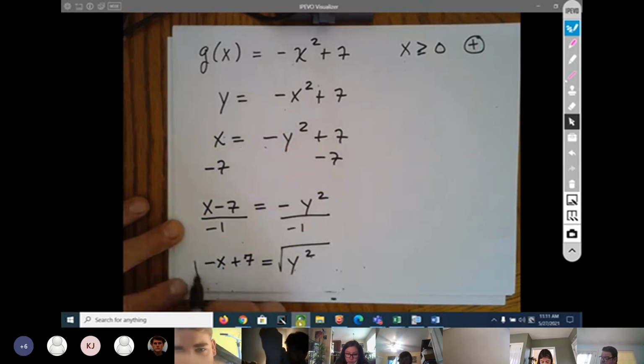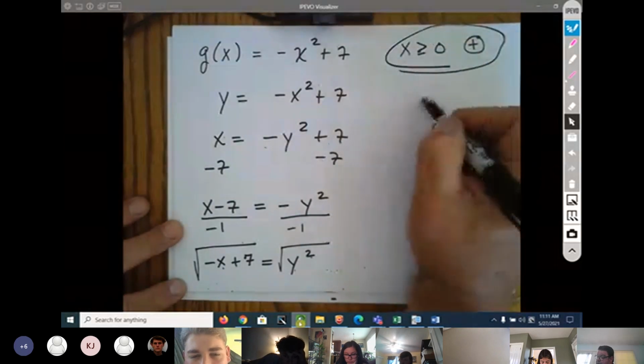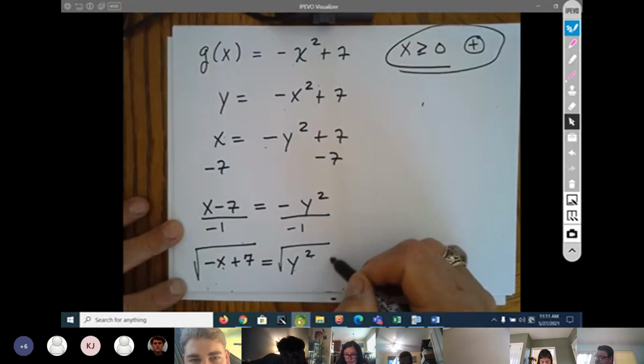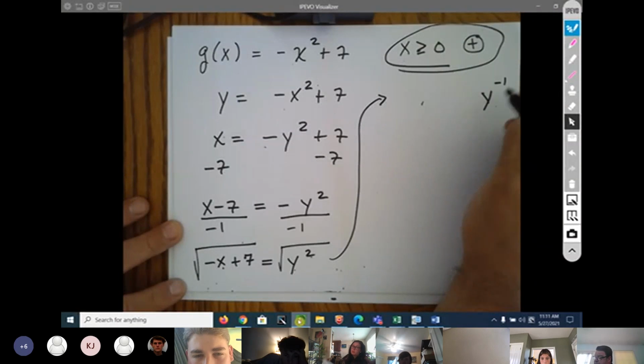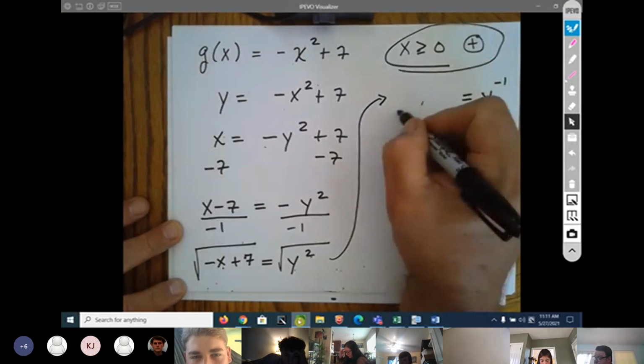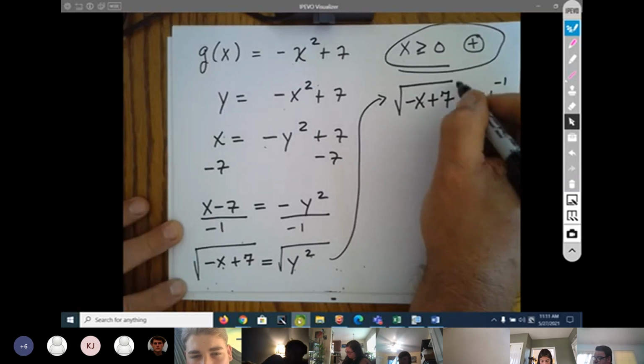Take the square root of both sides, and that's where this comes into play. And you get y inverse is equal to the square root of negative x plus 7.